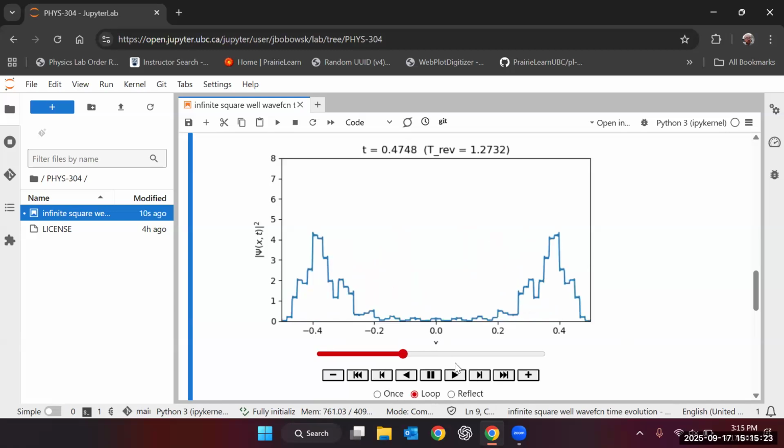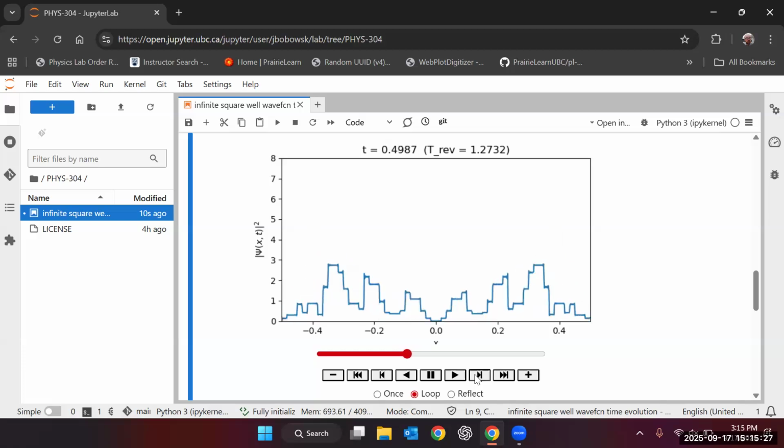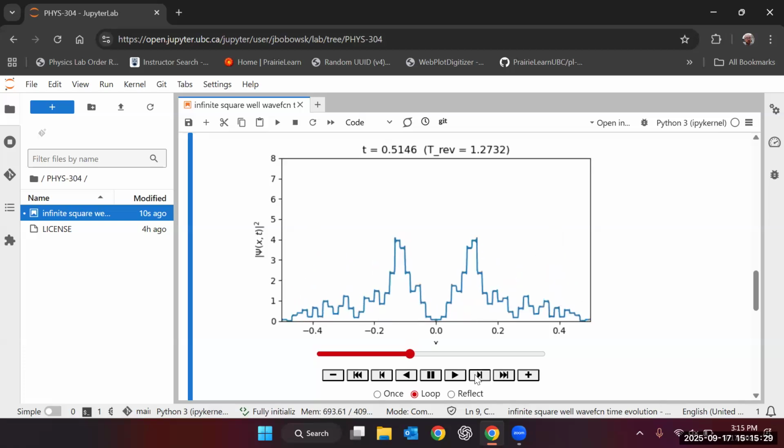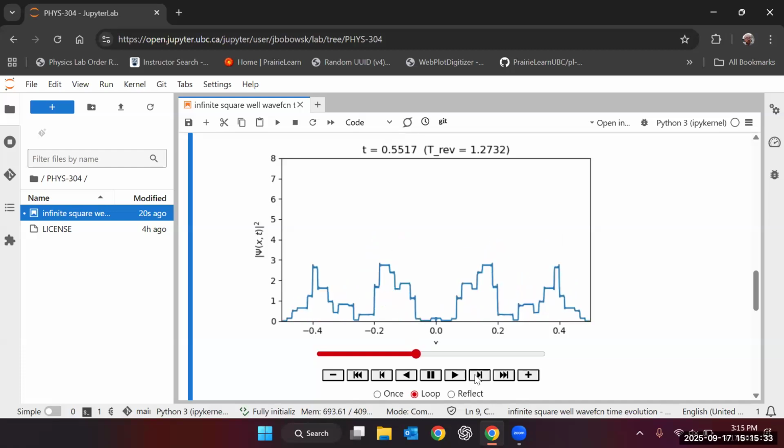Oh, and it happens to be one where it suddenly changes abruptly. These are all the different wave functions at different times. There's one moment where there's basically a uniform probability of finding it anywhere in the well, except it goes to 0 right at the center here.